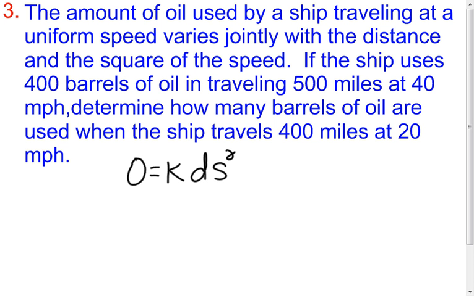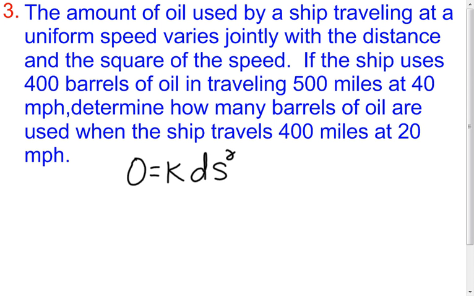Sometimes it might say it varies directly as the distance and inversely as the square of the speed. If it said that, the D goes on top and the S squared goes in the denominator. That may come up in your accelerated math, just so you know.